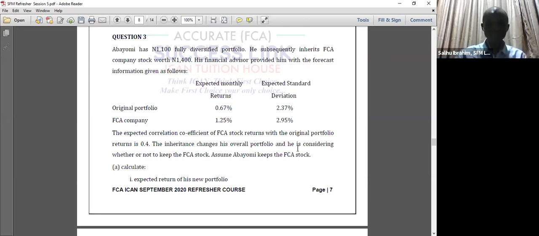Throughout next week, we'll be discussing hedging, so we don't really have much time. Any question on what I've done in question 2? When it is 7:39, I will go straight to question number 3.